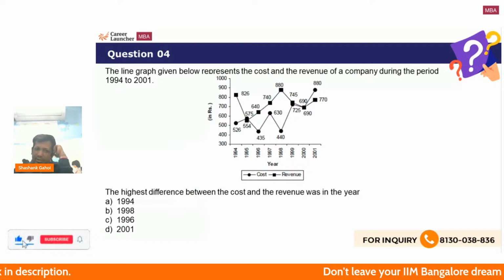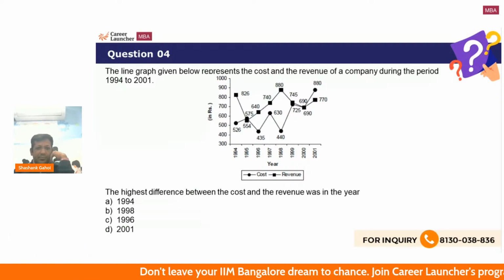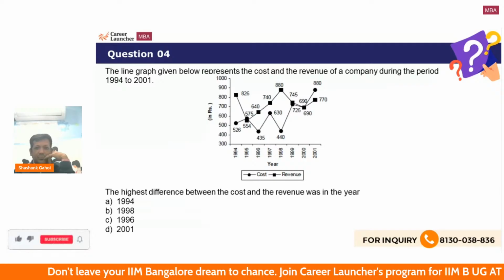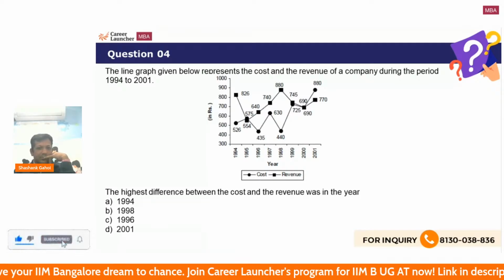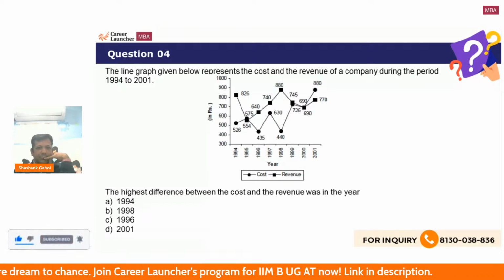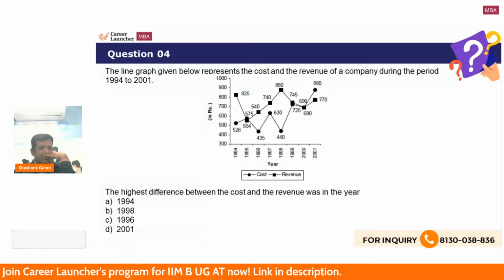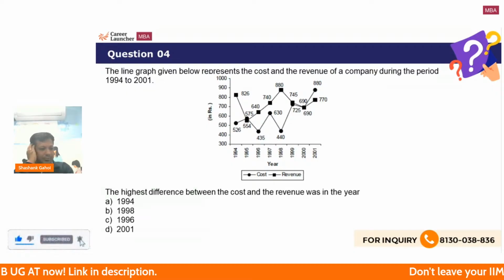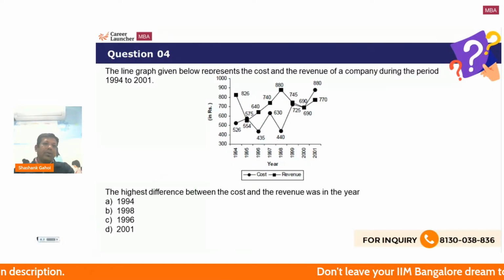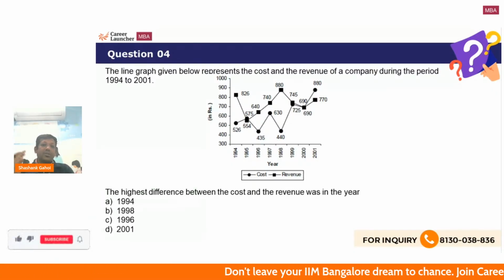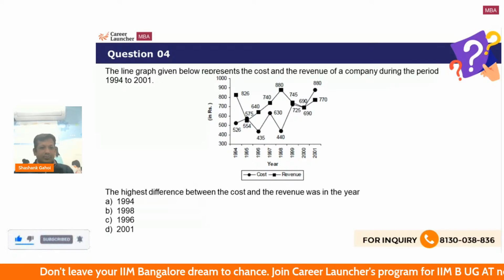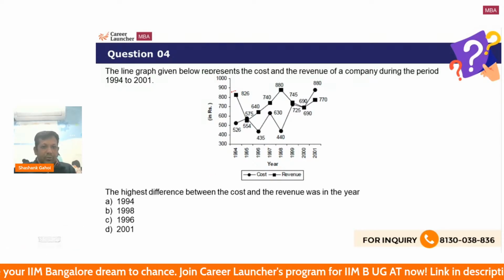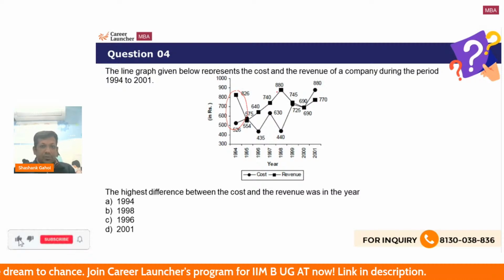Now in this question, I think this is look and answer type of question. So what is the answer for this one? The question is talking about highest difference between cost and revenue. So if you look, the difference is this much.